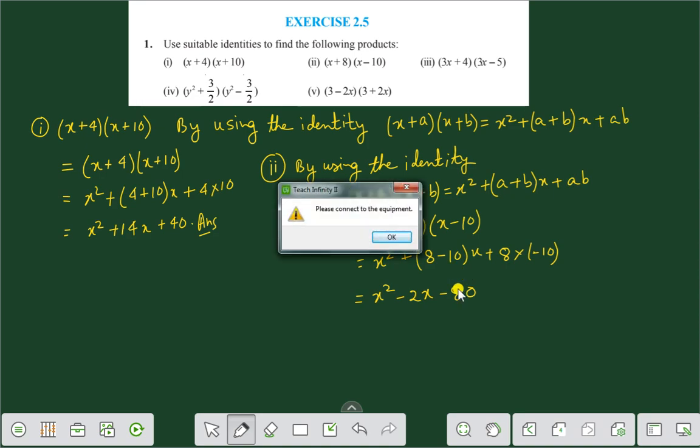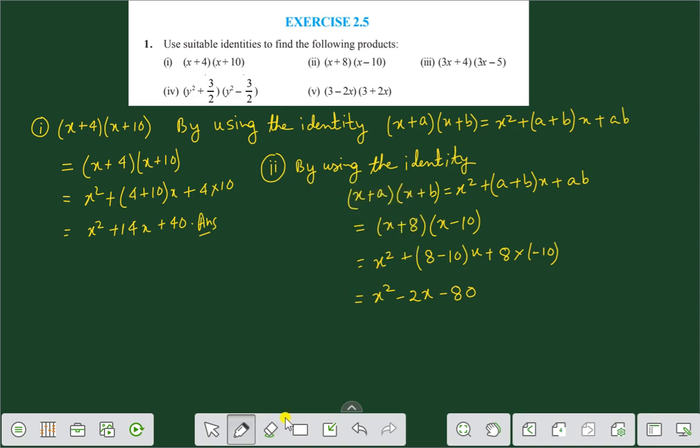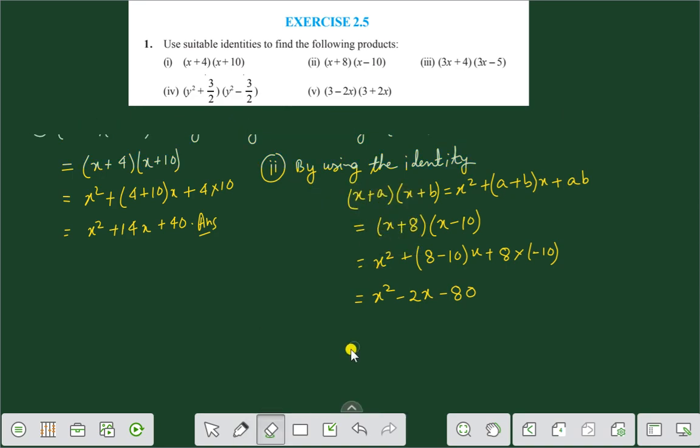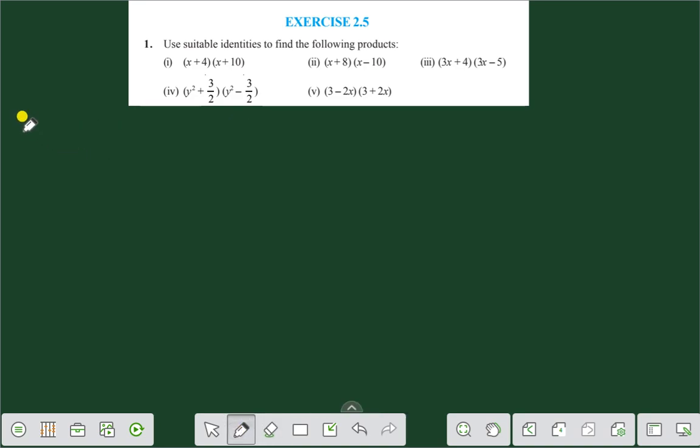We'll solve question number 3. Question number 3 is (3x + 4) into (3x - 5).